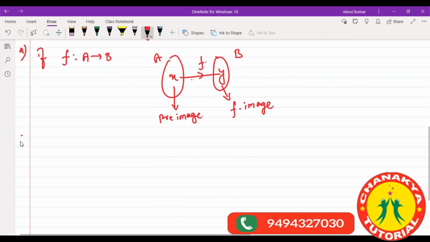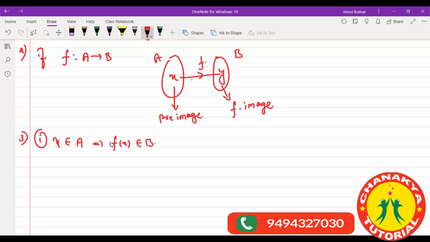Mathematically, we write the function definition as: a relation F from a set A to B is said to be a function or mapping from A into B if the conditions hold: for x belongs to A, there exists f(x) belongs to B, unique.